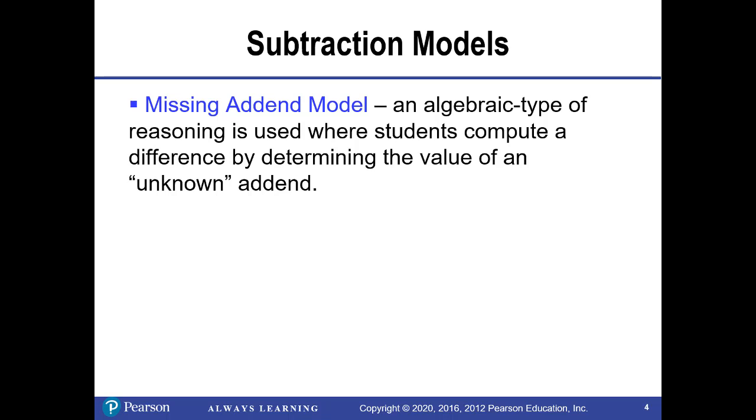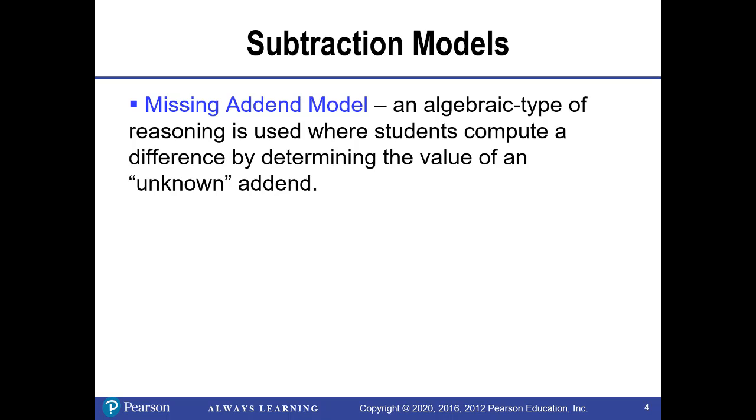And then the missing addend model. This is an algebraic type of reasoning. Please don't think of algebra and think that's inappropriate for elementary school students. Algebraic reasoning goes throughout the elementary curriculum, and it begins with questions like 10 minus what number is 8?